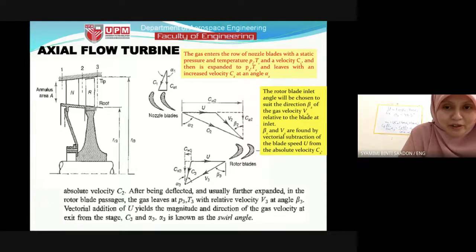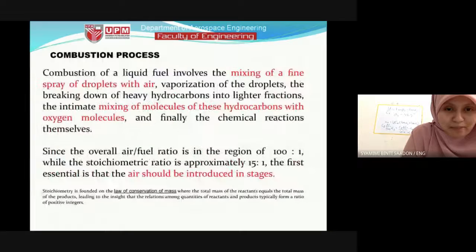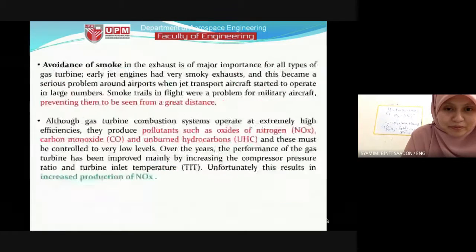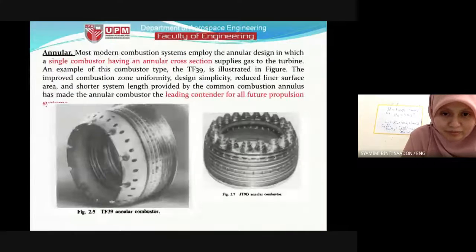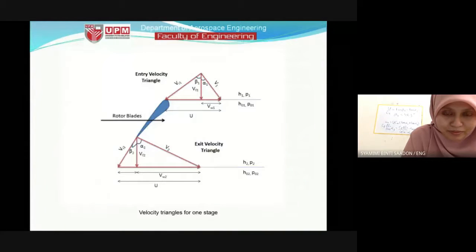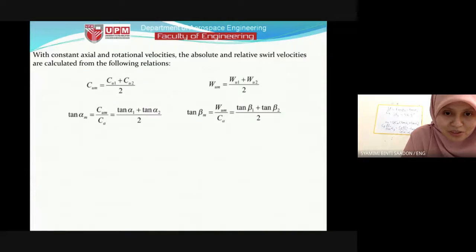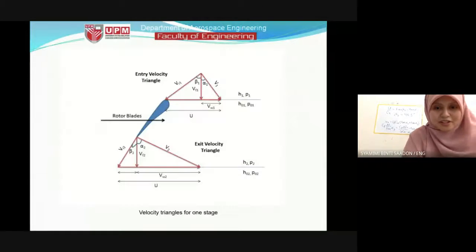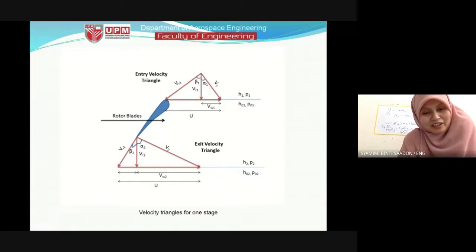What else if I want to sum up? This one is for a compressor. As a compressor also, entering the rotor and exiting the rotor, this is the direction of the velocity triangle.